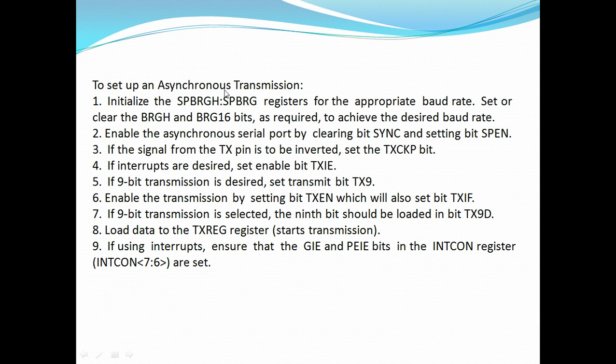Now, to set up asynchronous transmission, we need to follow these steps. Let's discuss these steps. First, we have to initialize these particular registers, which will be used for 16-bit baud rate generation mode. We need to load appropriate values in these registers for selection of baud rate.